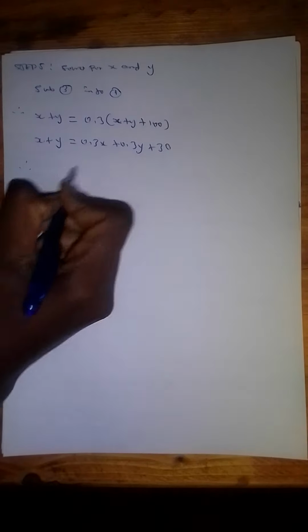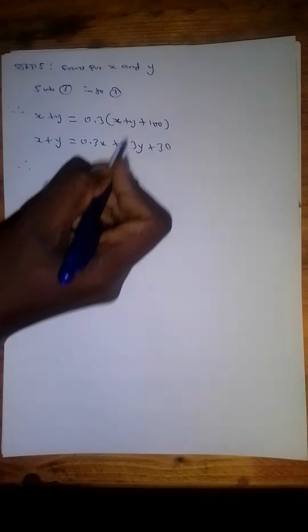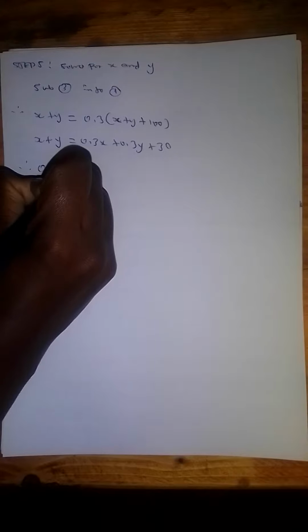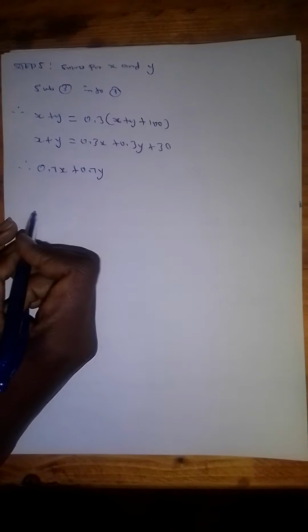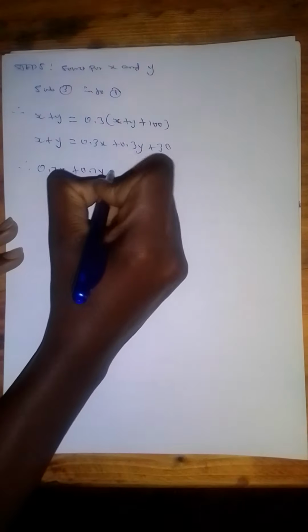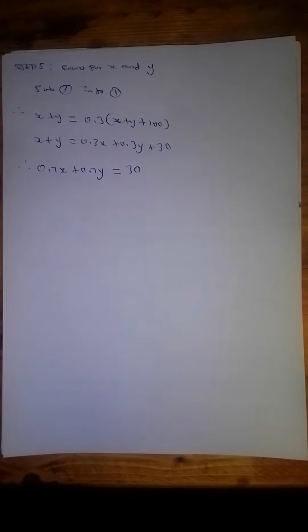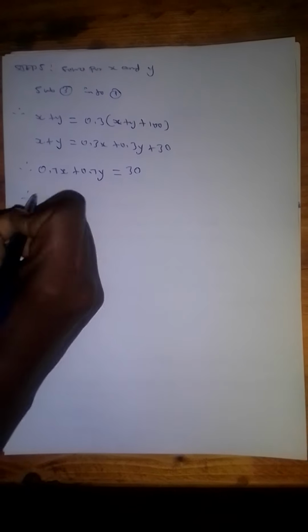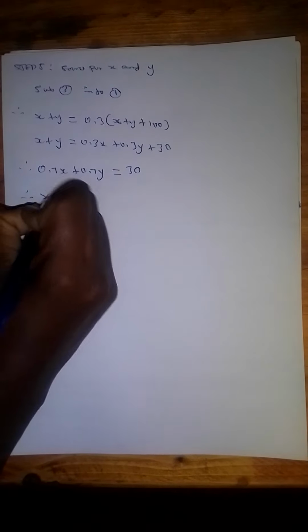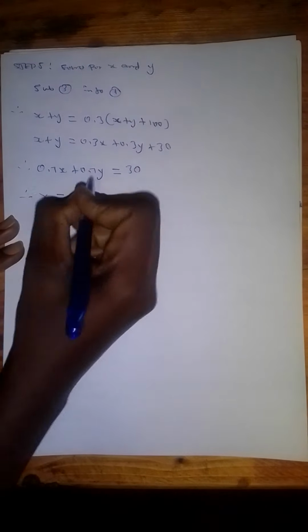Therefore, moving x and y to this side, we are left with 0.7x plus 0.7y is equal to 30.